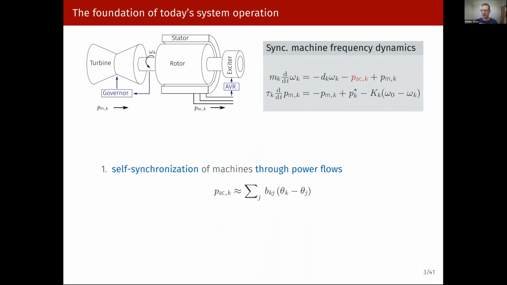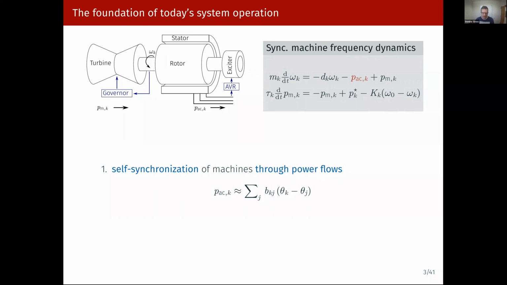And for all the higher level controls, they then think of a system frequency, even though that doesn't really exist. So the machines basically self-synchronize through the power flows of the system because those are dependent on angle differences, and then the power gets mapped back to the frequency. Angle is the integral of the frequency, so that way the machines self-synchronize.